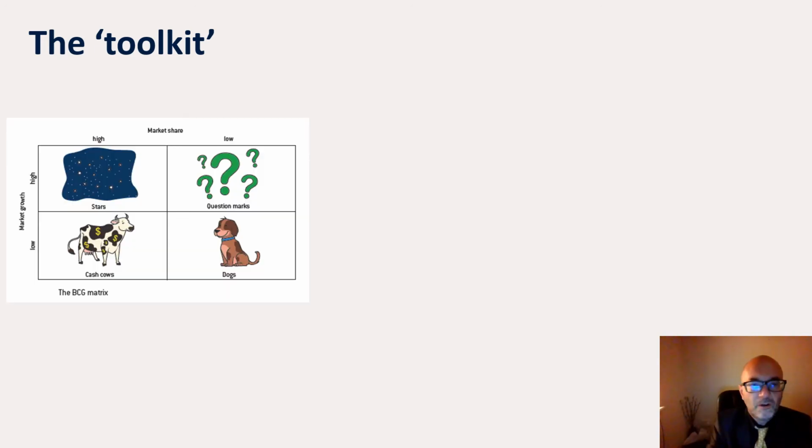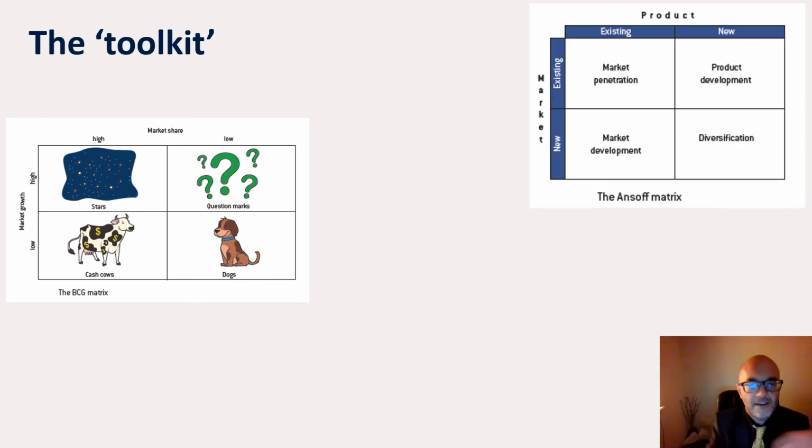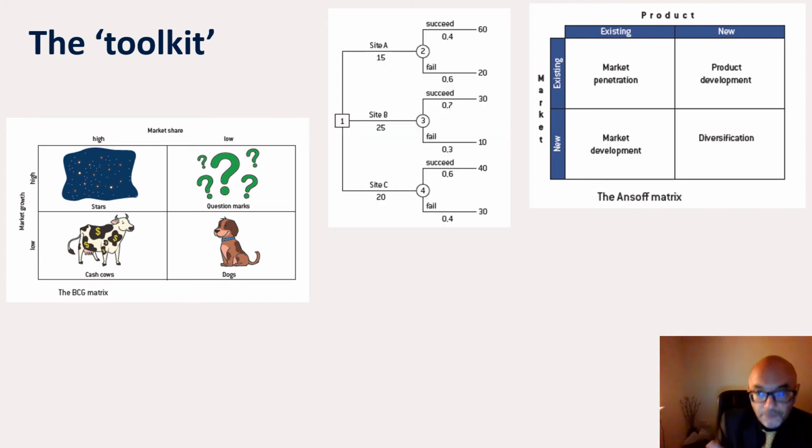So we can simply define the toolkit as a collection of tools and models of business management that students gradually discover and have at their disposal. For example, BCG matrix and Ansoff matrix. Some of those tools are more quantitative, for example, decision tree.